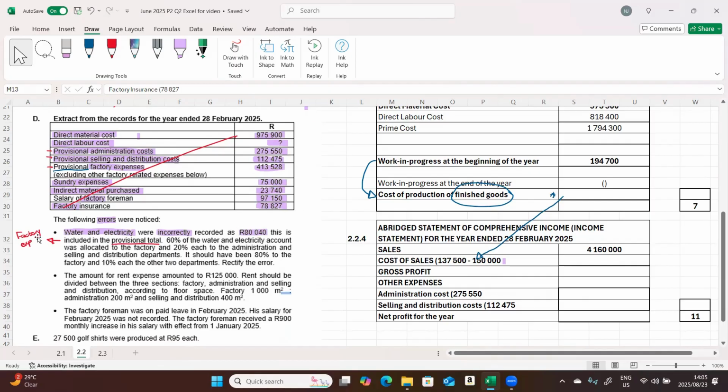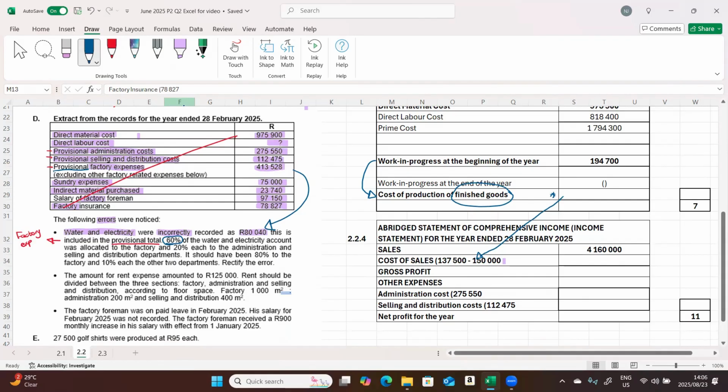This 80,000 over here was incorrectly added to the factory expenses, and this represents the wrong 60%. Do you guys agree with me? This 80,000 was added to the factory expenses, and this represents the wrongly allocated 60% of my total water and electricity. So it's very important to remember.